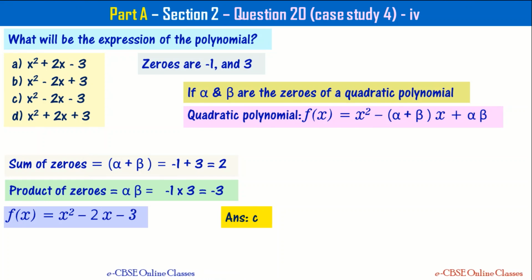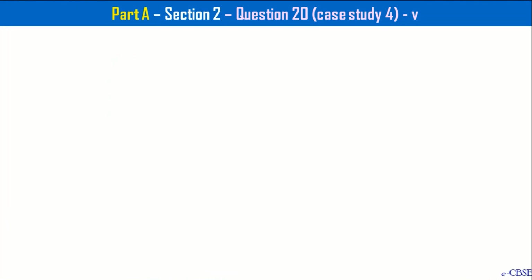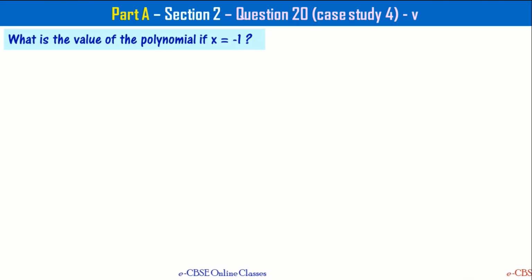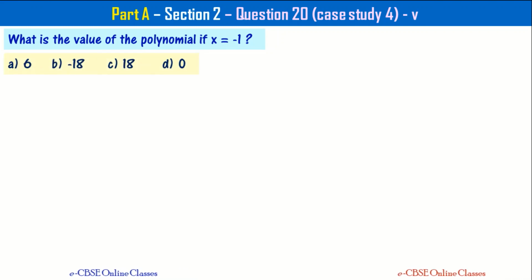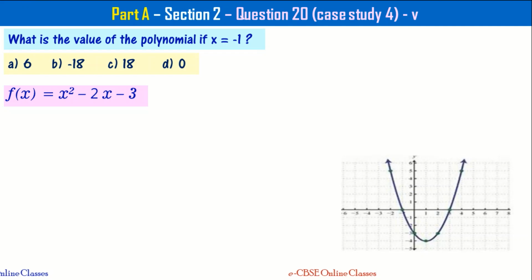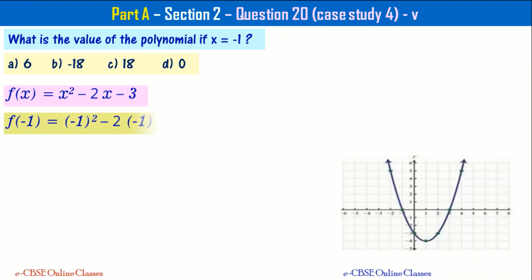Let's go to the last subpart of case study 4. What is the value of the polynomial if x equal to minus 1? And choices are given. And interestingly, from the figure itself you can say, but since we have already got the expression for the polynomial, let's substitute x equal to minus 1 into the equation and simplify it.